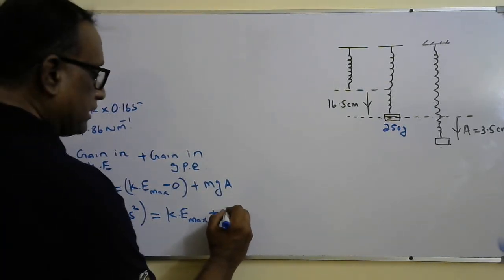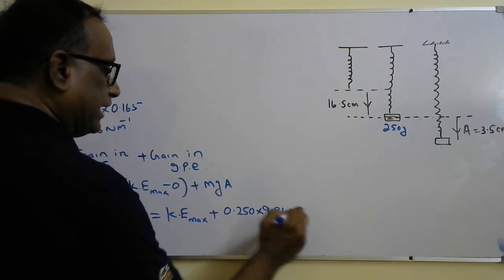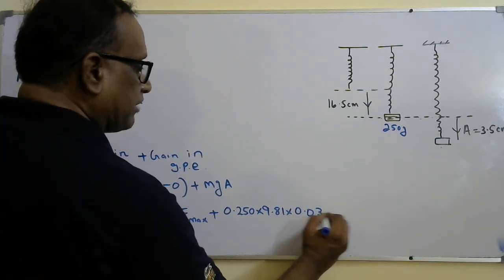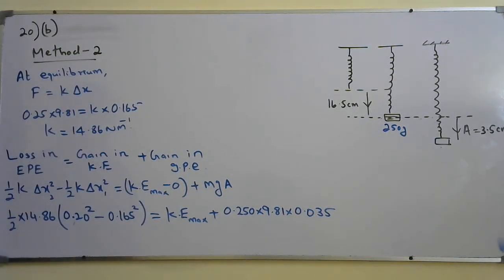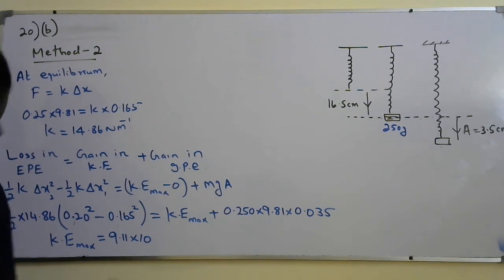Mass is 0.250, times 9.81 times A, the height it moved, which is 0.035. That's all. Put all the numbers in and find the KE max. You'll get the same answer, 9.1 times 10 to the power minus 3 joules.